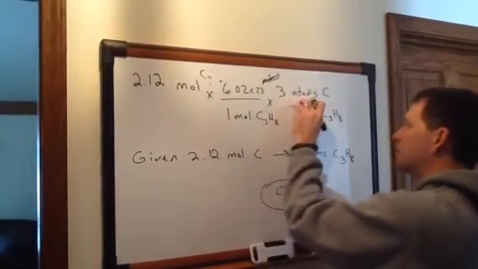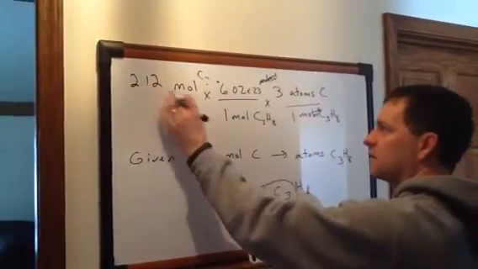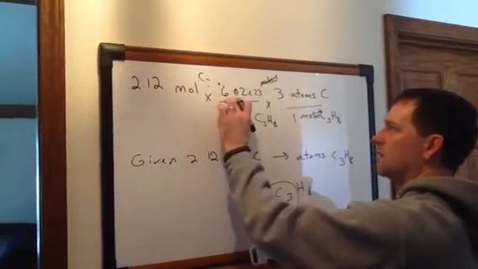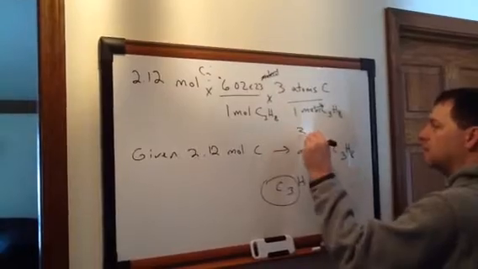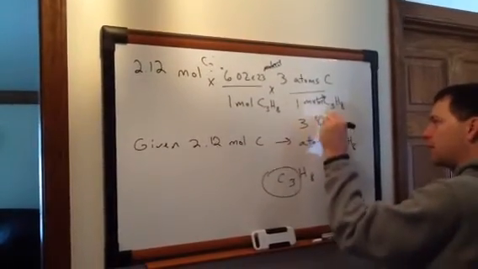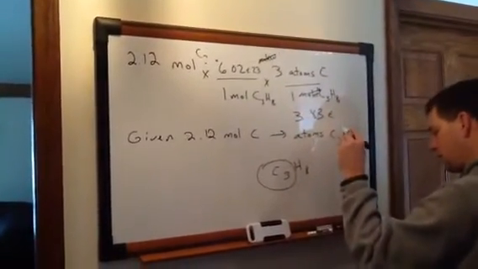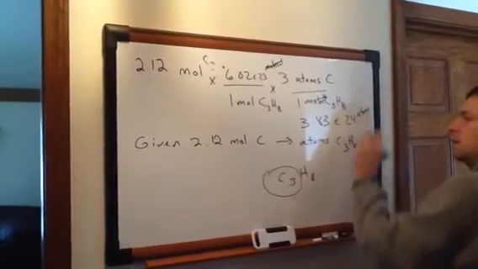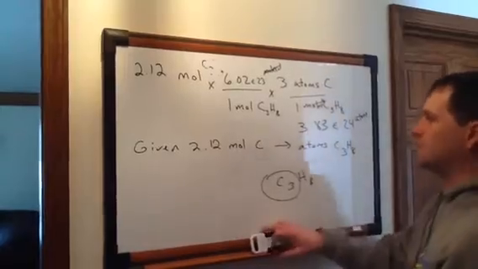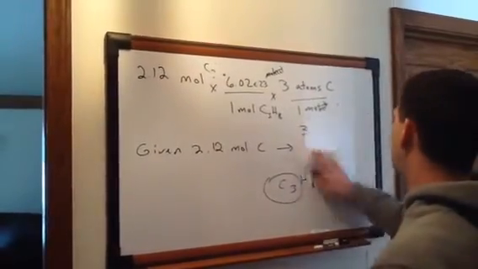So we take 3 atoms of carbon over that. Since it's on the top, we take 2.12 times 6.02 e to the 23rd times 3. And our final answer, when you multiply that out, will be 3.83 e to the 24 atoms of carbon present in propane gas. That's example problem 1.